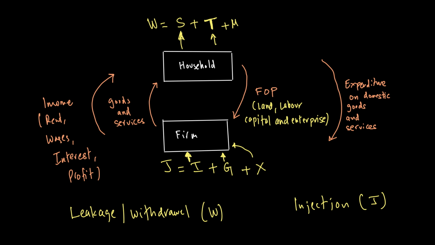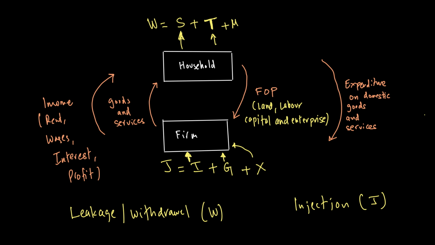So T is kind of funding G, and S is kind of providing funds for I. And lastly, if imports increase, incomes for people go up abroad, and that higher income can lead to more exports for another country. So imports can also sometimes result in money flowing in terms of exports.